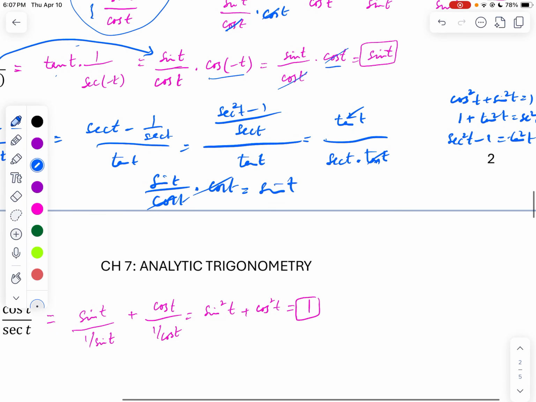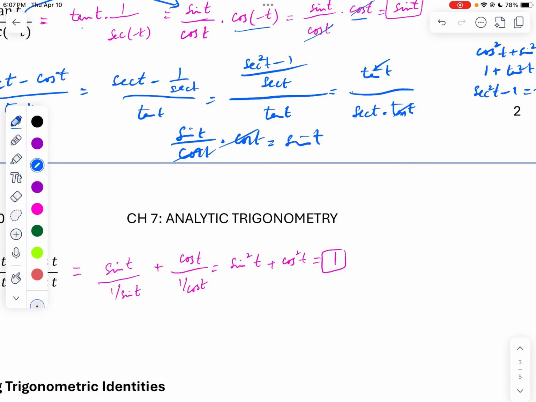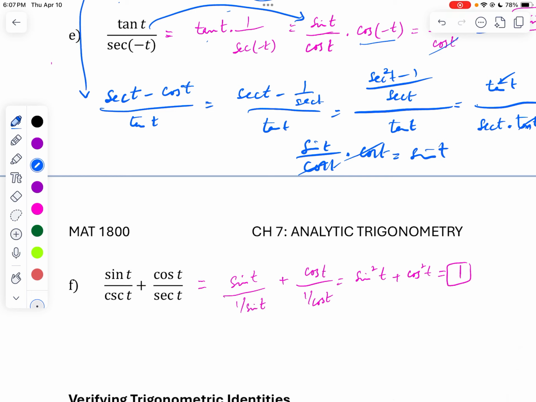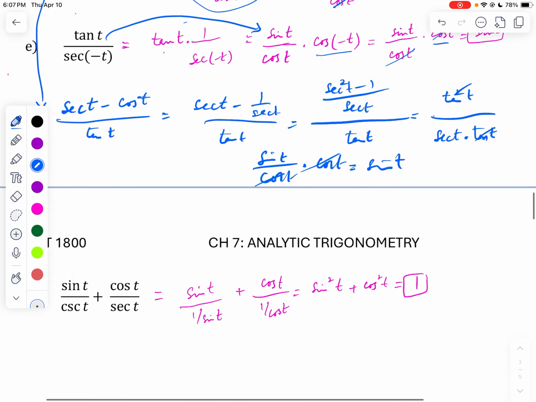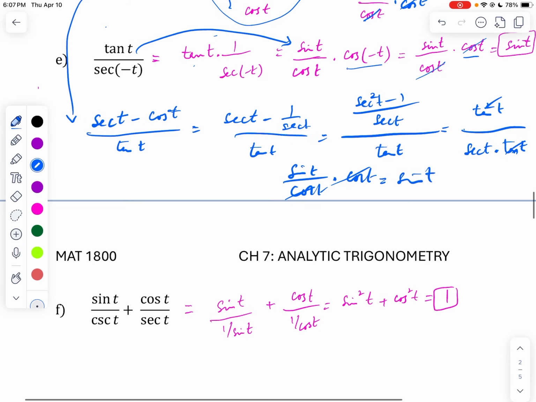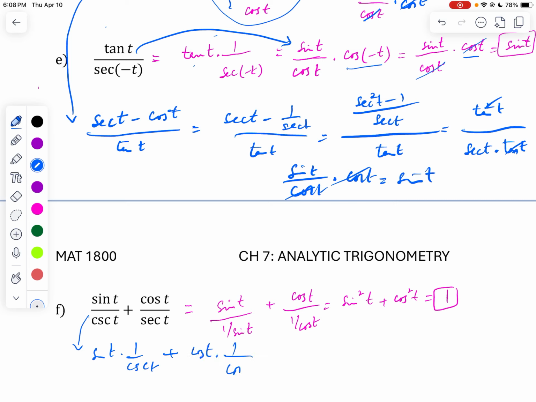Next one. It's sine of t over cosecant of t. Remember, cosecant of t is 1 over sine t. Or we could have thought of it like this: sine of t times 1 over cosecant t, plus cosine of t times 1 over, sorry, 1 over secant of t.